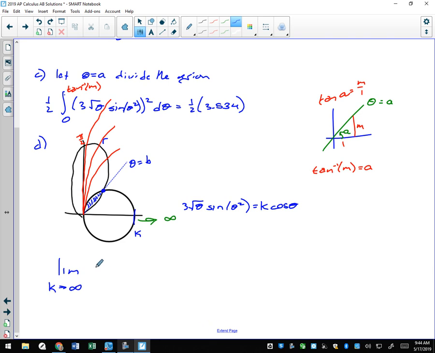So the limit as K approaches infinity of A of K is going to be the area inside your R function, sine theta squared d theta from 0 to pi over 2, and it does ask you to find, not set up, an integral that would find it.